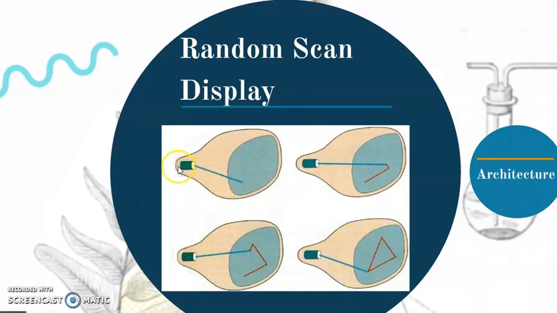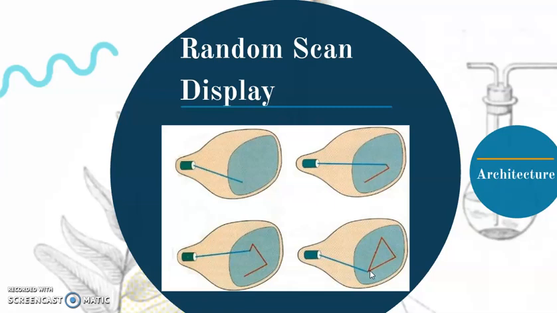The electron gun is positioned and emits electrons to the first position. From there I draw my line to the second position. From the second position, I draw my line to the third position. And from the third position, I draw the line back to the first position. This is how I complete a triangle in random scan display.